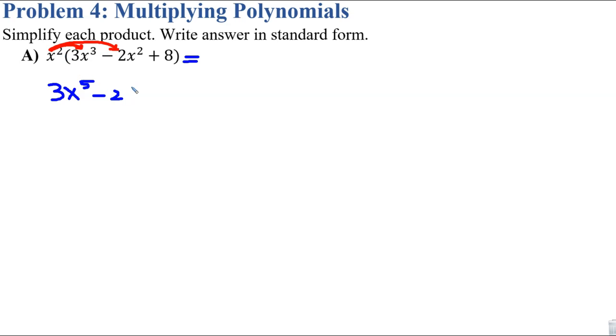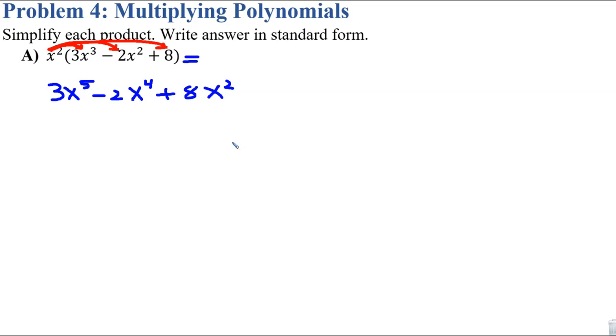And x squared times x squared will be x to the 4th. And we'll do the third multiplication. X squared times 8, we can just say is plus 8x squared. Okay, so there's multiplication using my distributive property.